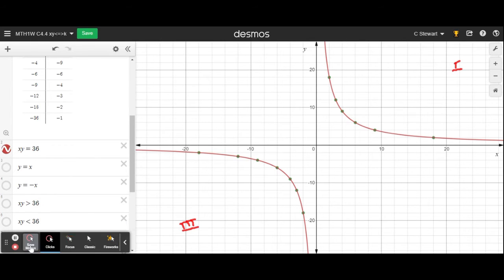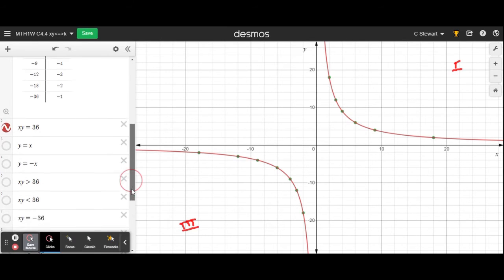Now, something else that we did was to look at not just the graph in its entirety, but also to examine some of those points so we could better understand the relationship between x and y and certain characteristics of the graph and of the relation.